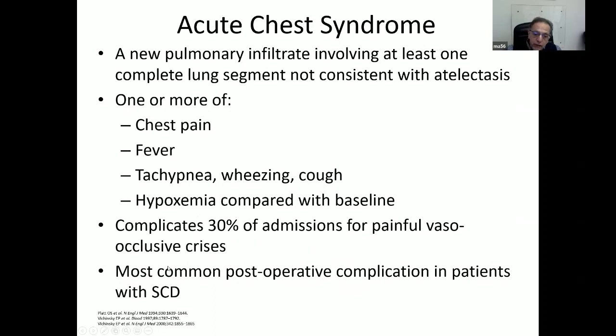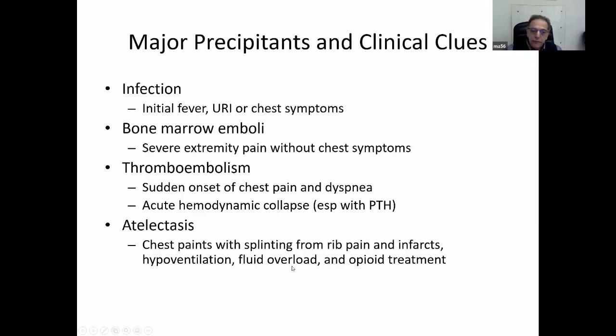So two areas here where multidisciplinary care might have an impact: decreasing acute chest syndrome during hospital admissions and in the post-operative setting. Again, the causes are multifactorial. Infections can be a cause, marrow emboli, and atelectasis due to pain management and fluid overload. So you can see here how adequate pain management with the team is important.